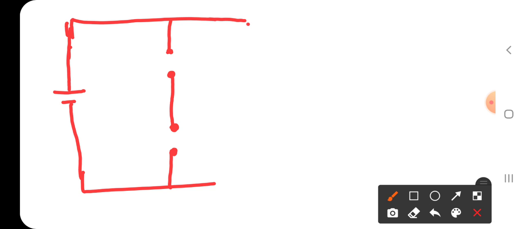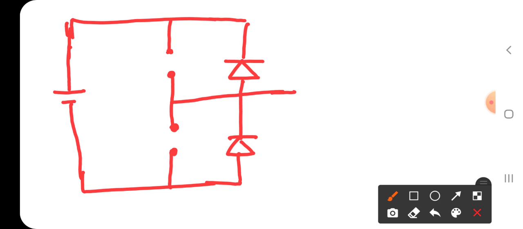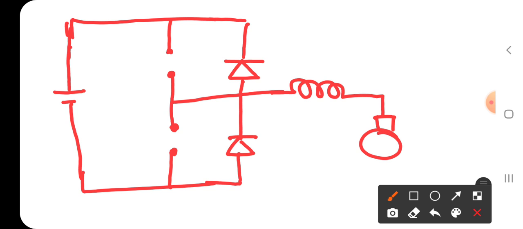I connect the two choppers across the two diodes, and this will be inductance, and here I may have the motor. This motor is either a separately excited motor or shunt or self-excited motor.